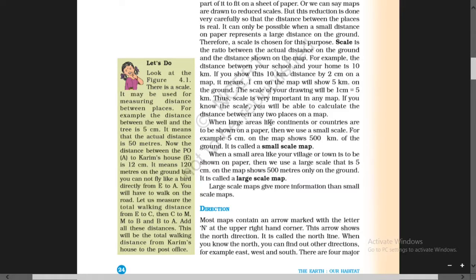When large areas like continents or countries are to be shown on paper, then we use a small scale.